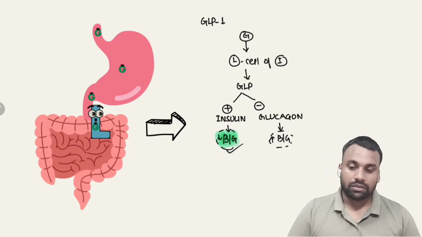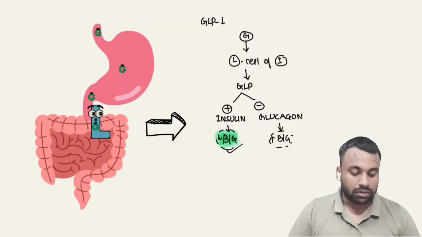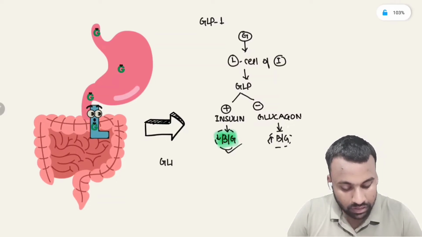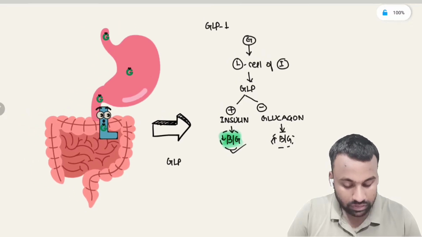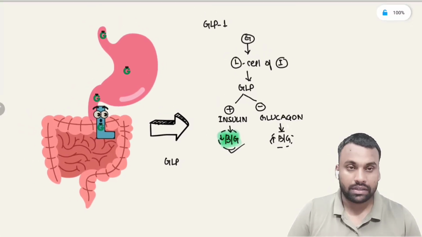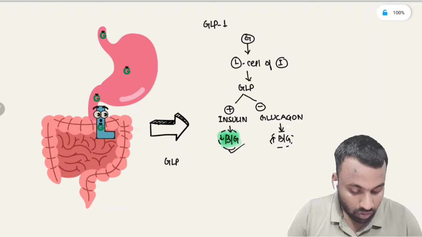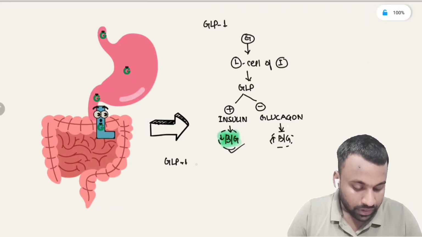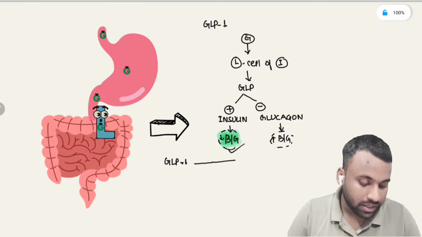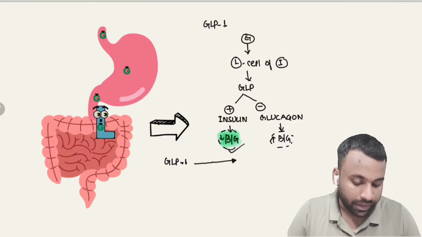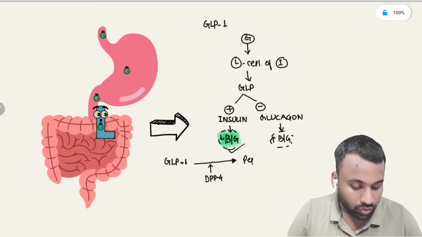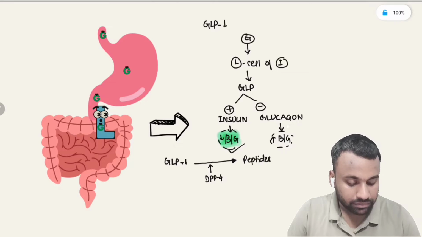But the problem is that in normal physiology, GLP-1 is quickly deactivated by the enzyme known as DPP-4, and converted into peptides.